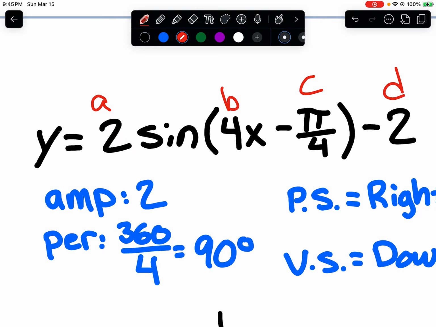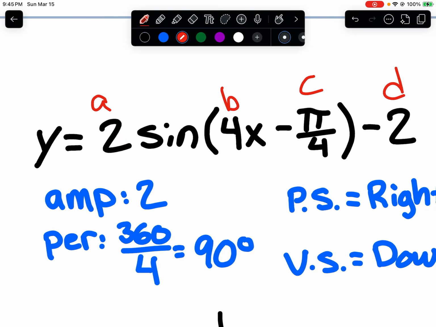So this is where we started with our first few examples. Well, if I go down 2 and right 45 degrees, this is now my new starting point. Okay. And then from there, what I did with this blue dotted line is I just used that as my new middle value. Okay, that's what my function is going to oscillate between.